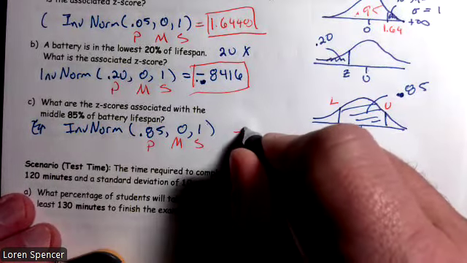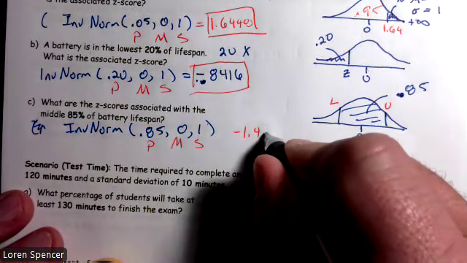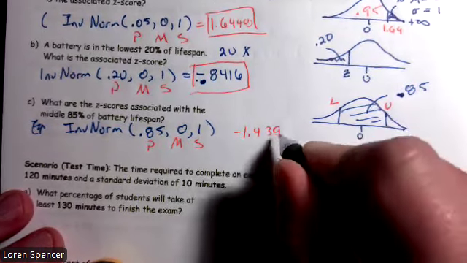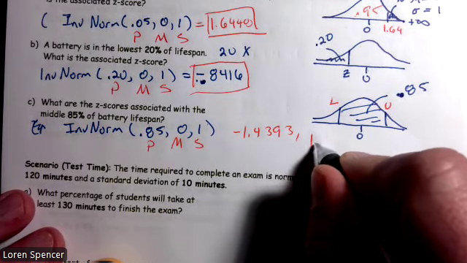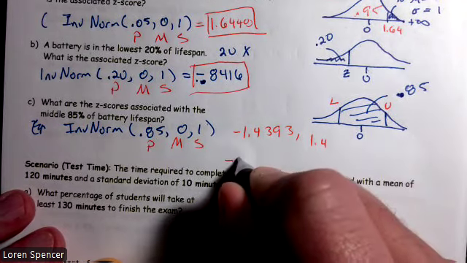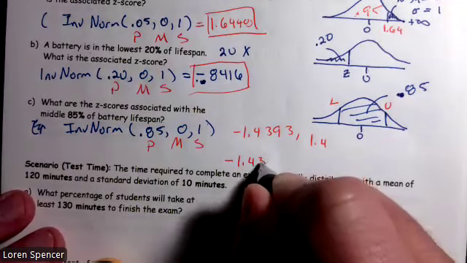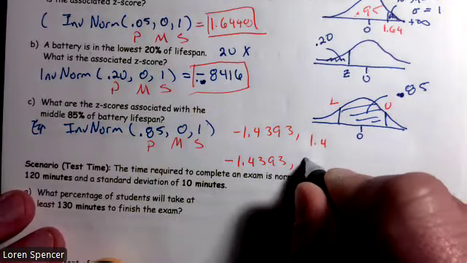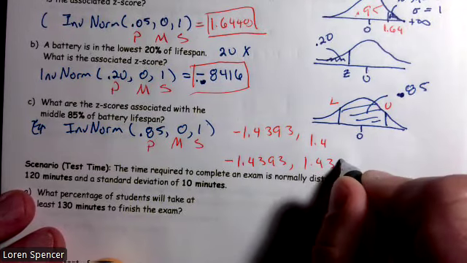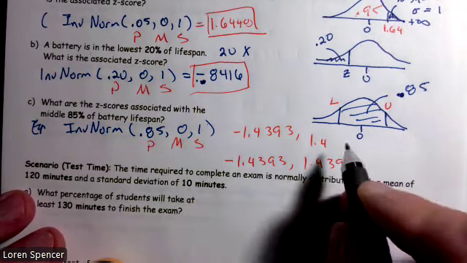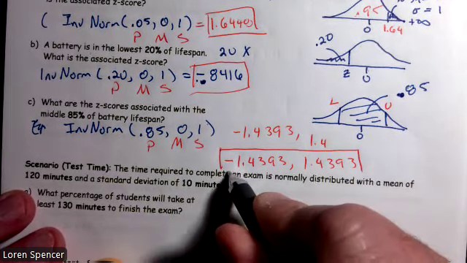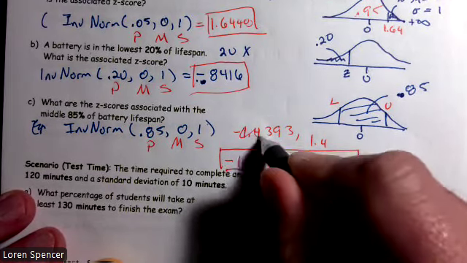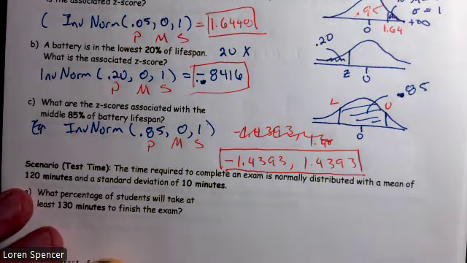So we have negative 1.4393 and positive 1.4393. And because it's symmetric and centered on 0, it's going to be the same value.